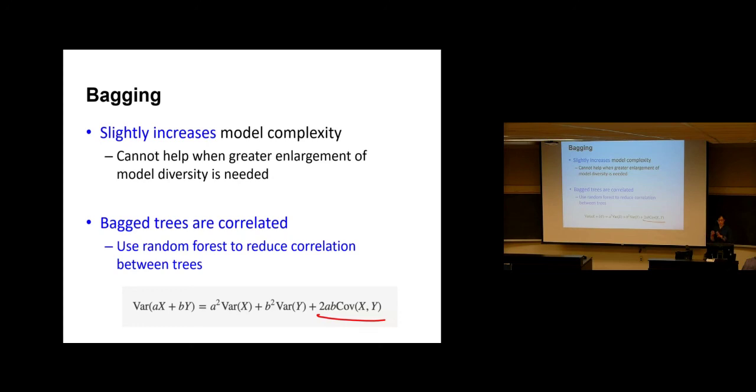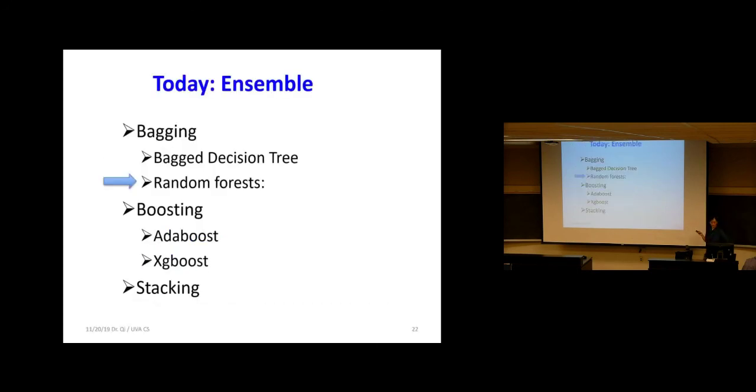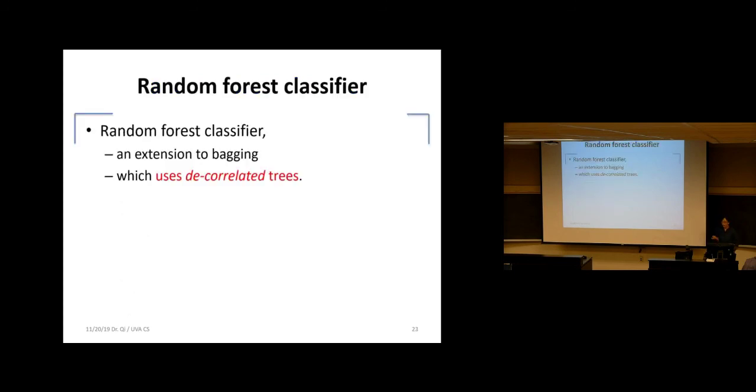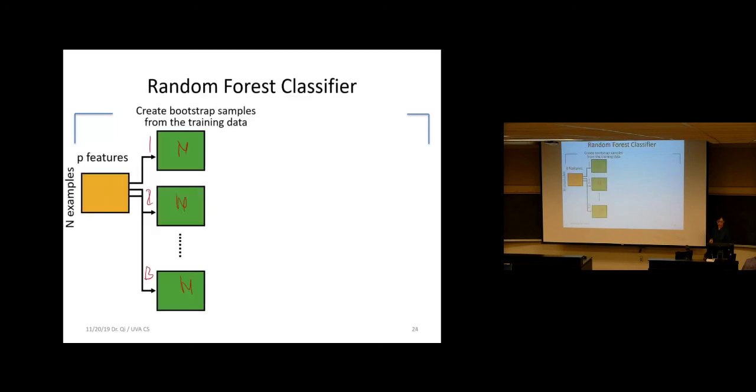This correlation among models is truly important, and random forest tries to reduce the correlation among different models. Okay, so what is random forest? Random forests use decorrelated trees. That's the fundamental idea. But in fact, the whole procedure, the pipeline, is almost the same as bagging.